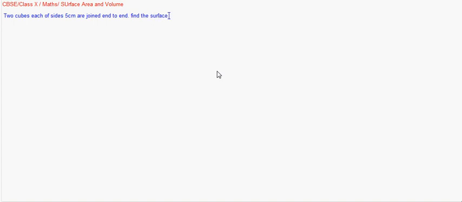We have to find the surface area of the resulting. Oh, I made a mistake. Yes, it is 3 cubes. 3 cubes, each of sides 5 centimeter, are joined end to end. Find the surface area of the resulting cuboid.